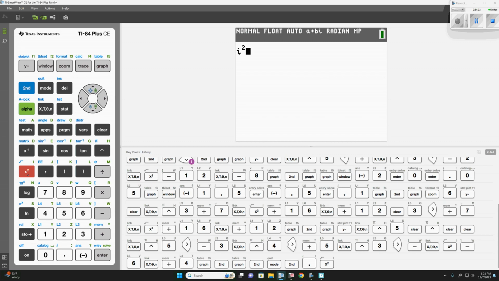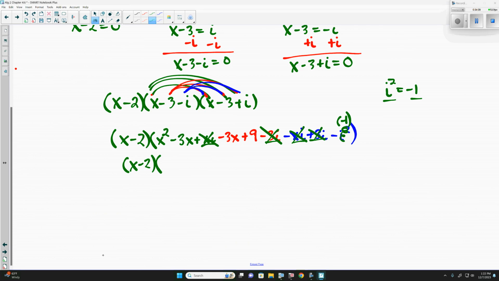Now our other terms: we have x squared, negative 3x minus 3x is negative 6x. We have plus 9 minus negative 1. Negative and negative makes a plus, giving us 10.